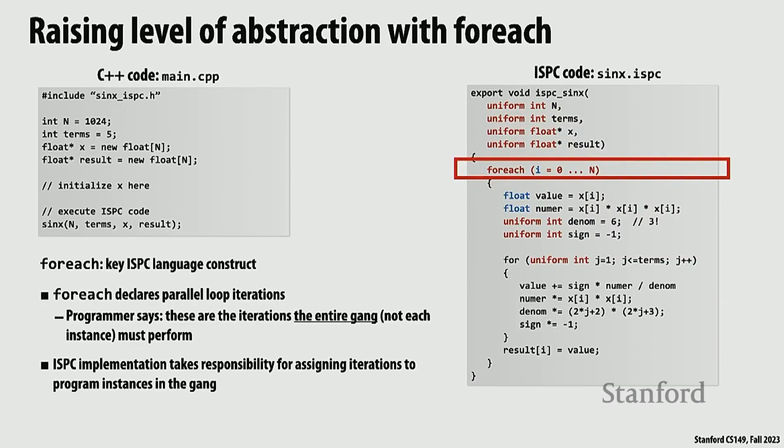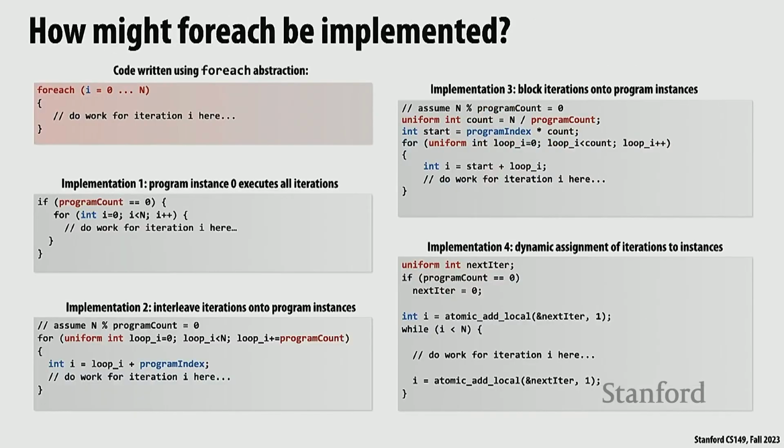So another way to say that is, if I was the ISPC compiler and I saw this, I could easily transform the program into any of these 4 implementations, and it would be valid. I could transform it into an implementation where, out of the 8 program instances, the first program instance said, okay, I'll do all the iterations, and none of the other program instances did anything.